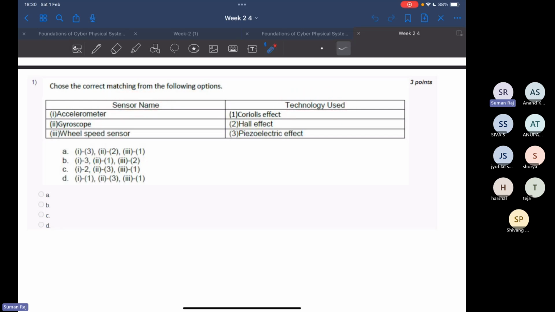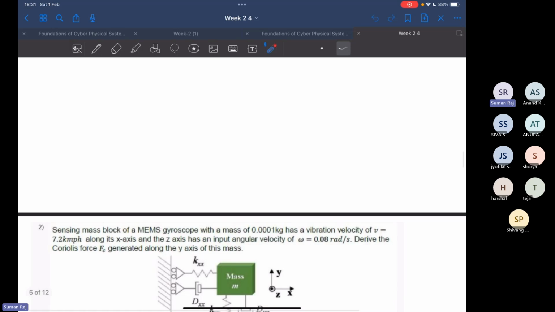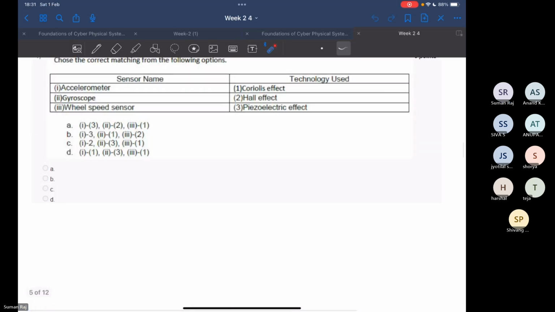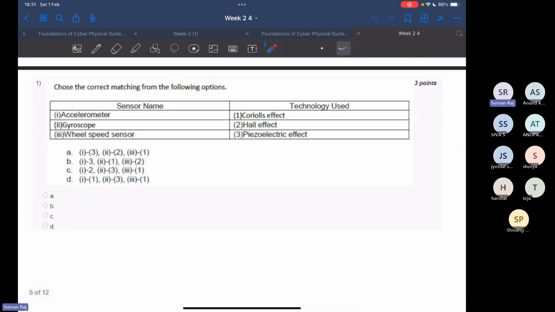I think this was the very first slide in the lecture recording. There was accelerometer, we had gyroscope, and we had wheel speed sensor. And then we have some effects like Coriolis, Hall, or piezoelectric effect.